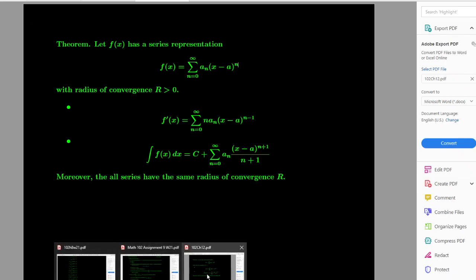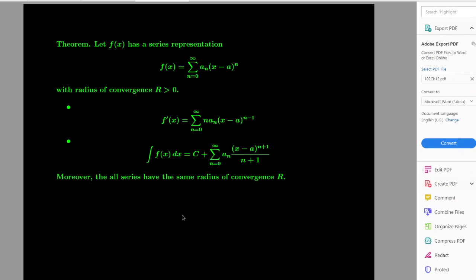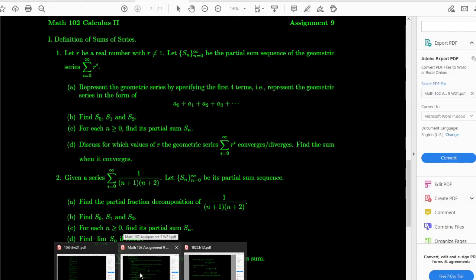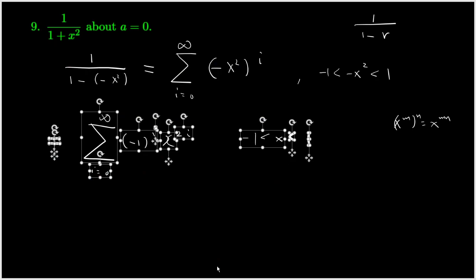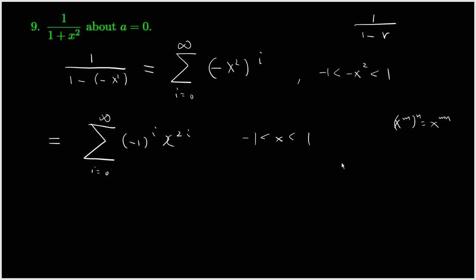In addition to that, I forgot to mention something. The radius of convergence is going to be the same, but the interval may not be the same. Probably I haven't told you the meaning of the radius of convergence. Can I just say the radius is actually half of the length of the interval? Now let's say in this case the radius of convergence is 1. It's kind of the interval from -1 to 1.